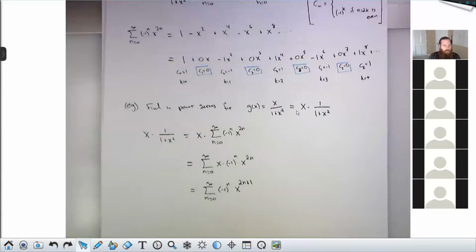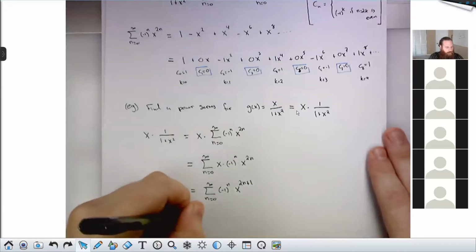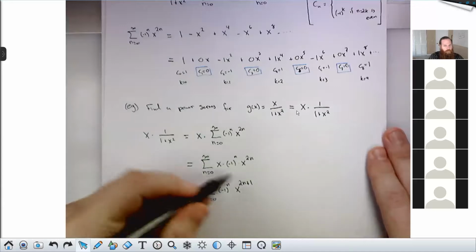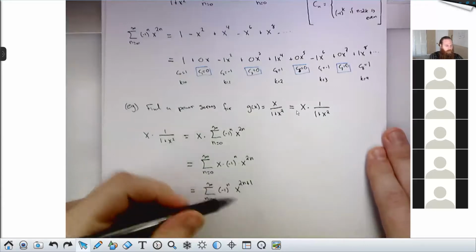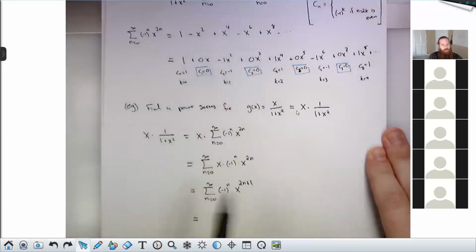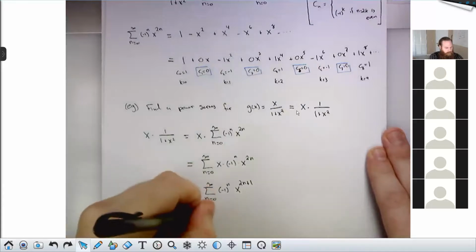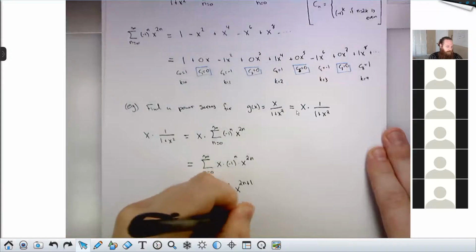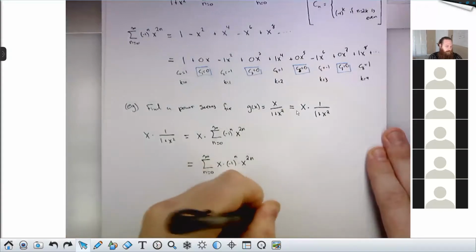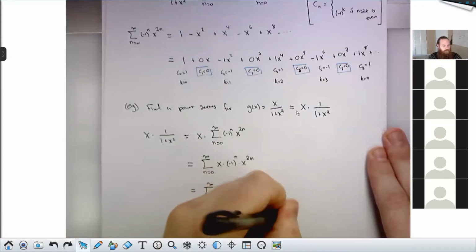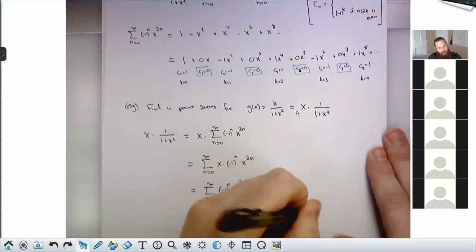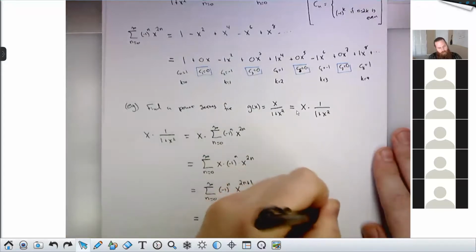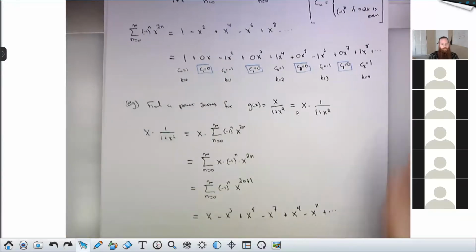Now just for fun, because the last thing I want to do here is play around in Desmos a little bit, I'm going to write out the first few terms of this series. I'm not going to calculate the c_n's here. It's a similar sort of thing as the last one. But when n is 0 here, I get x, and then minus x cubed, and then plus x to the 5th, and then minus x to the 7th, plus x to the 9th, minus x to the 11th, plus, and so on.